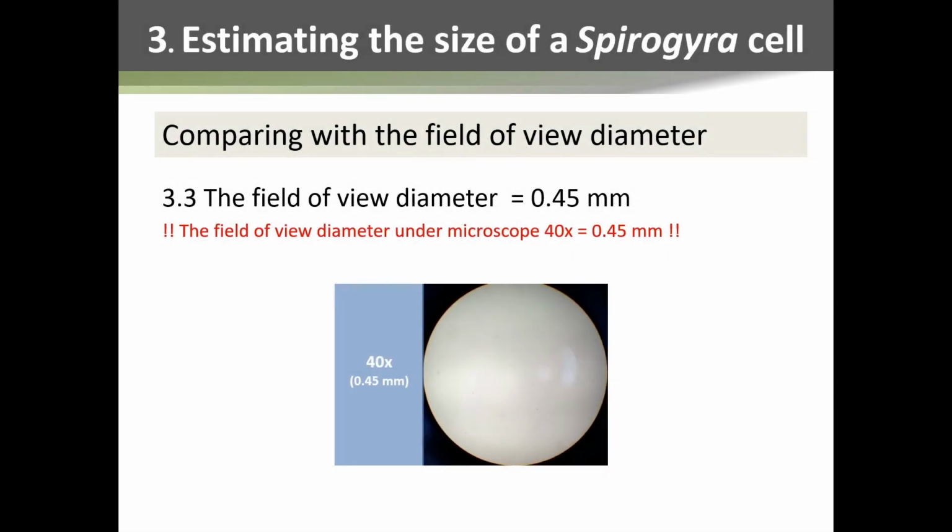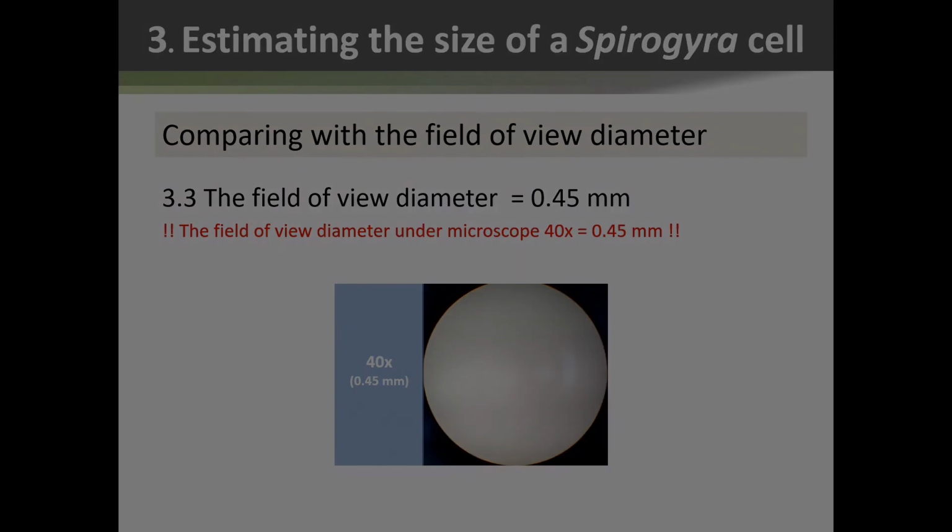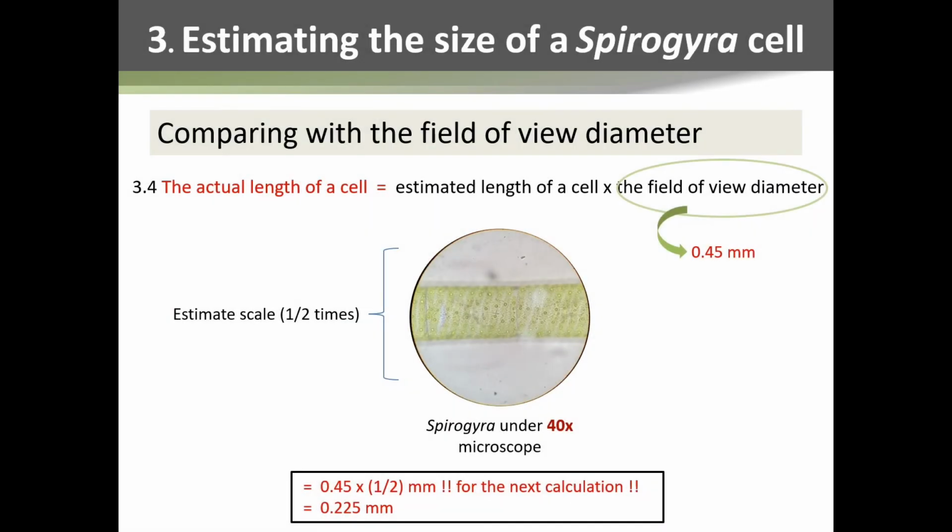From slide number 5, we estimated the field of view diameter of the 40x objective lens. The diameter is 0.45 millimeter. Now, we multiply the value of 0.45 millimeter by half.